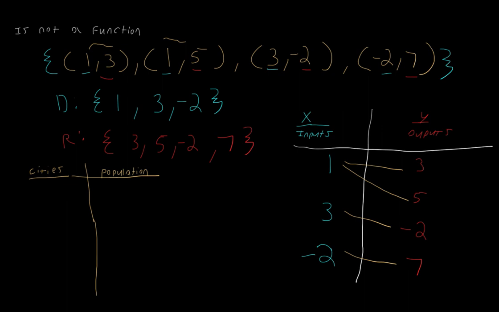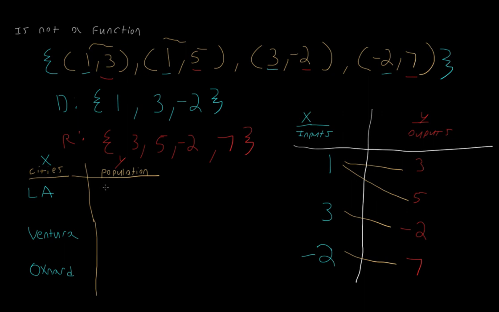I'm going to make these numbers off the top of my head. Remember, this is the domain, and this is the range. So cities: Los Angeles, another city, Ventura, and another city, Oxnard. I don't know the exact population, but I'll put it anyway.